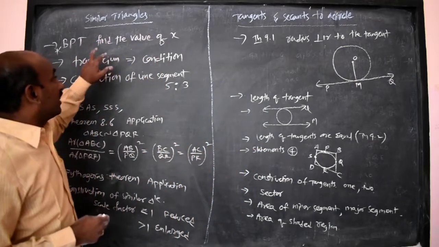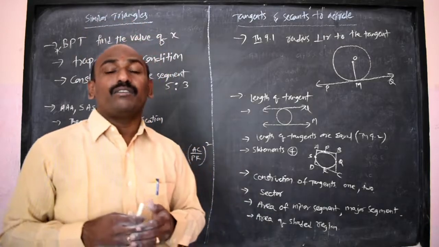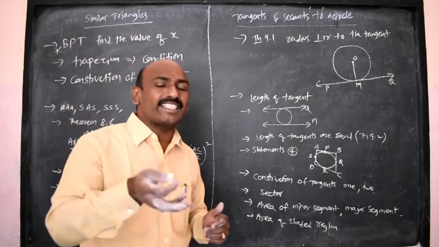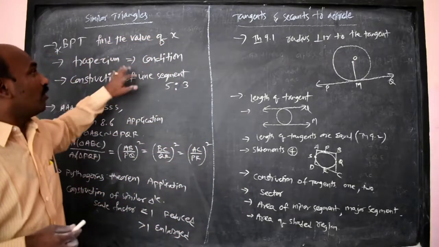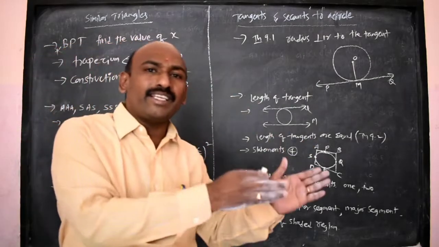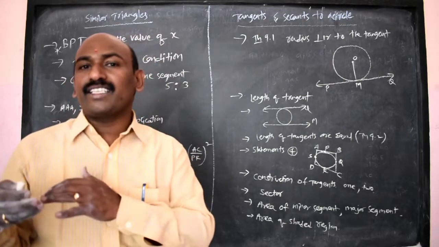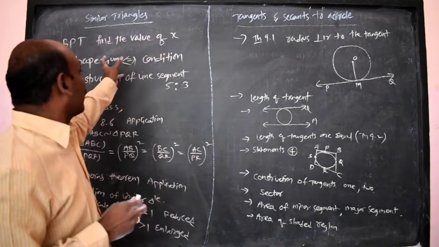In BPT also, sometimes they will give trapeziums. Sometimes in a quadrilateral they will give a condition, and we need to show that it is a trapezium. It works vice versa too: sometimes they will give a trapezium and we need to show the condition, and if a condition is given we need to show that it is a trapezium.